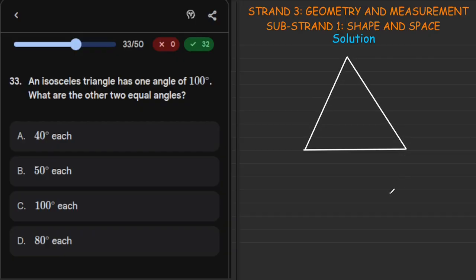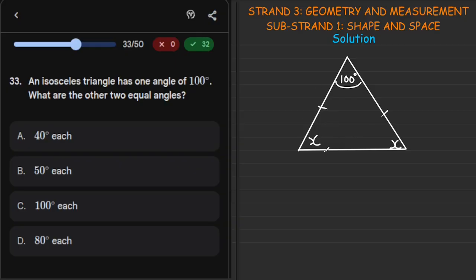And if two sides are equal, then it simply means two of its angles are equal. We mostly say it has two of its base angles being equal. So with what we have here, it is always the one at the top that becomes different. Hence, this angle is equal to this angle because it is an isosceles triangle.